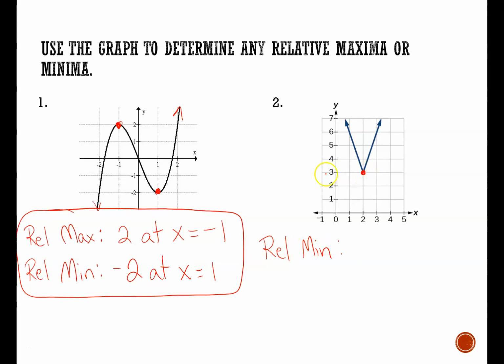And we're going to give its y value is 3 at, and then we look at the x equals 2. And there is no high point. It just goes up forever. So it only has a relative min. Then you can just box that in as your answer. You don't have to say no relative max.